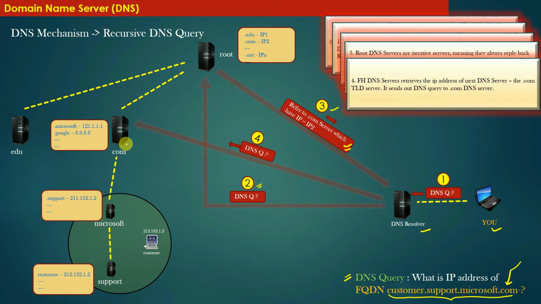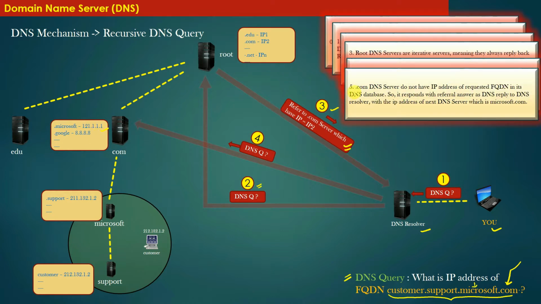But the .com top level domain name server knows that the next domain which is a part of this FQDN is Microsoft. So the .com top level domain name server knows that the potential answer of this DNS query could be provided by the next DNS server, which is the .microsoft DNS server.